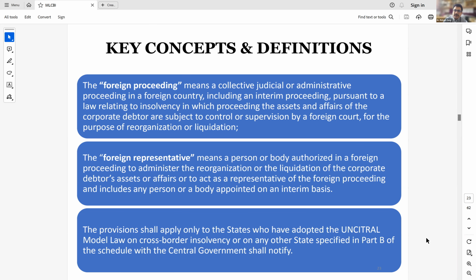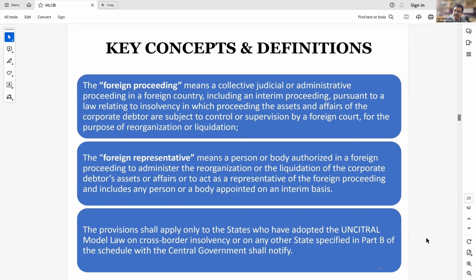Now some other key concepts. There is the definition of foreign proceeding. Under the IBC, the code, the terms insolvency and bankruptcy may not have been defined, but certainly there is a trigger point. When can an insolvency application be filed, and what can amount to an insolvency application?